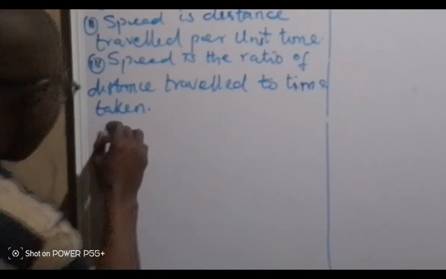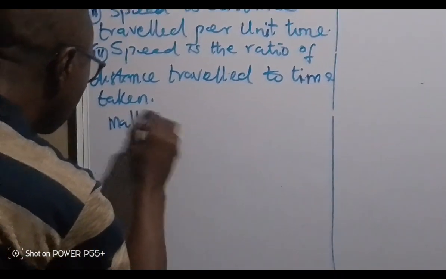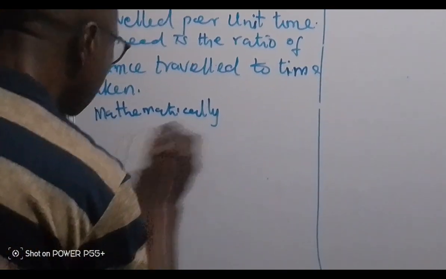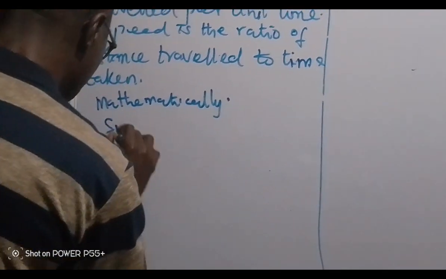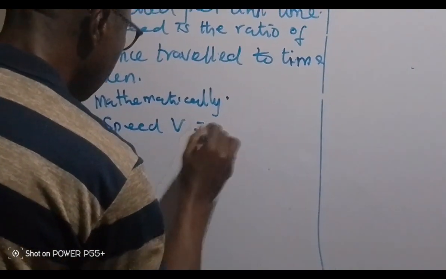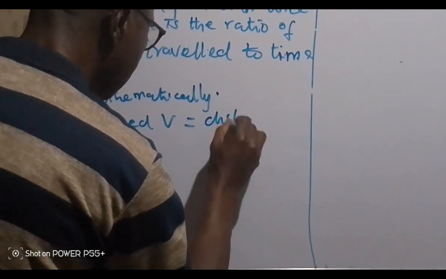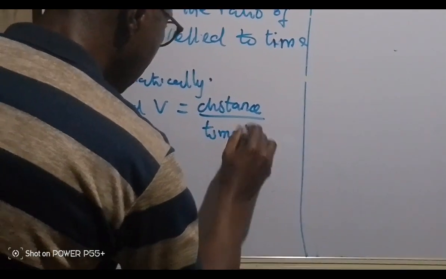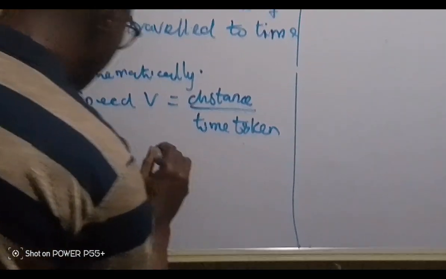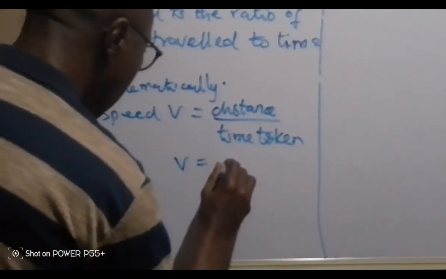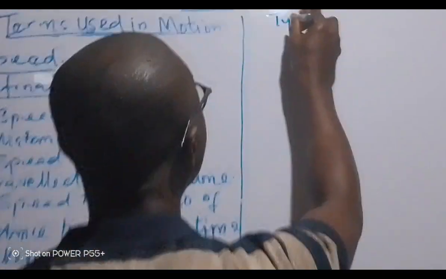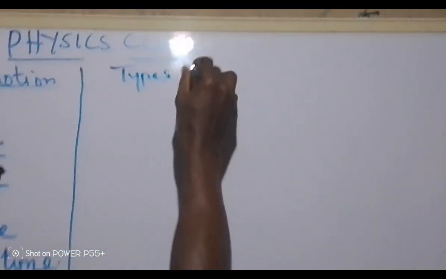Mathematically, we can now say speed V is equal to distance over time taken. That is, V is equal to distance over time taken. Now, the next thing is types of speed.